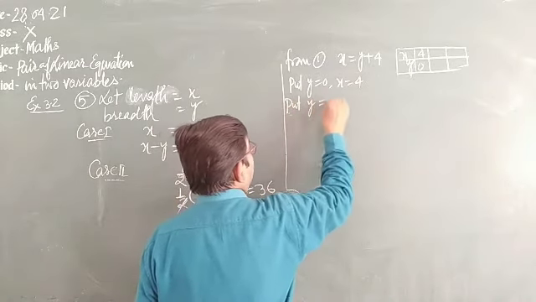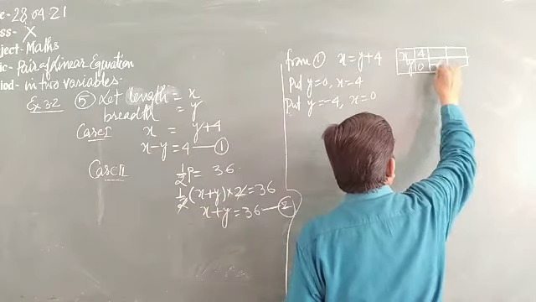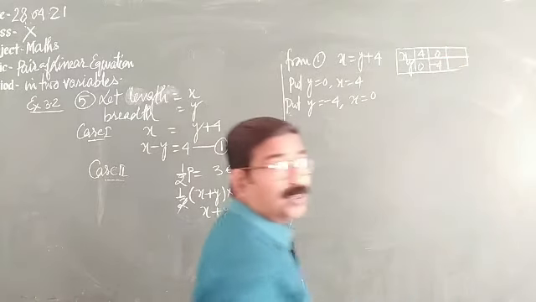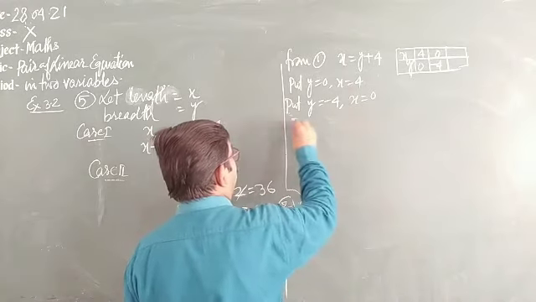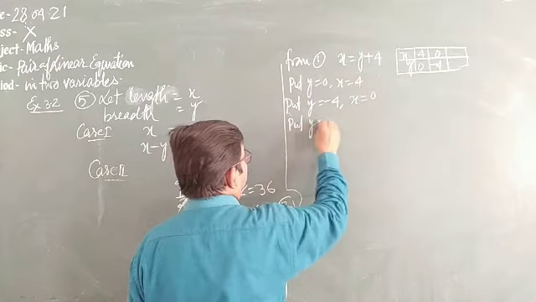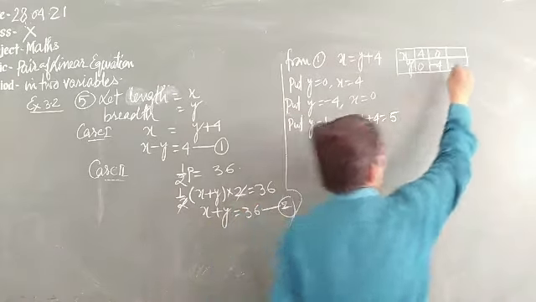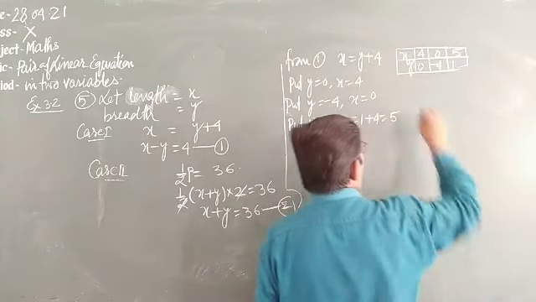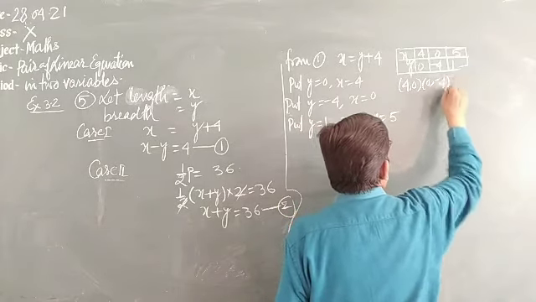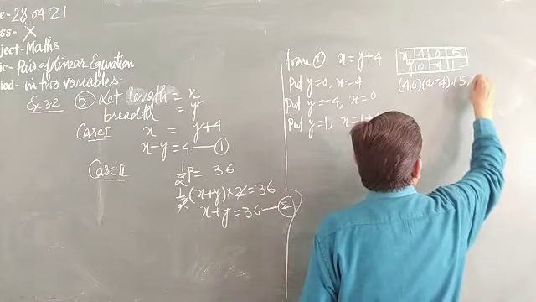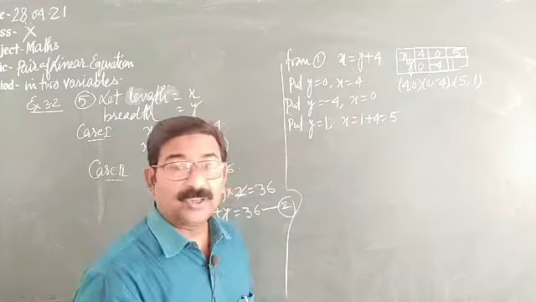Put y is equal to minus 4, then x is equal to 0. Put y is equal to 1, then x is equal to 1 plus 4 is equal to 5. So we have 4 comma 0, 0 comma minus 4 and 5 comma 1. So we have got 3 points to plot the graph from equation number 1.